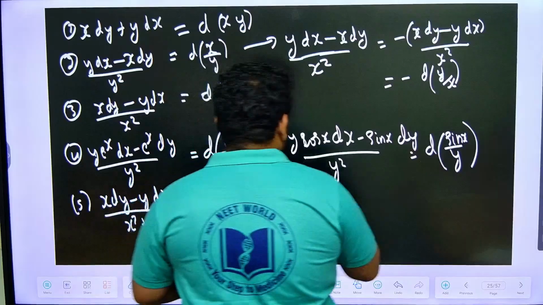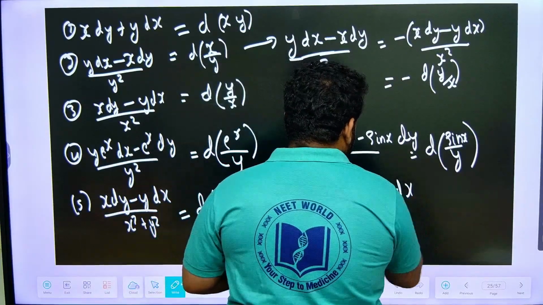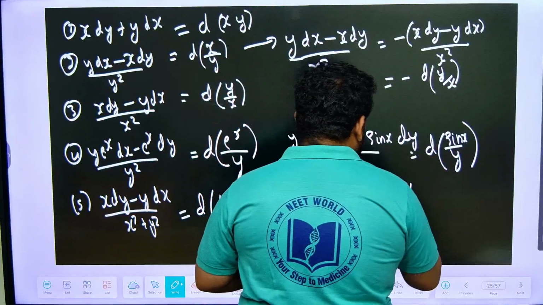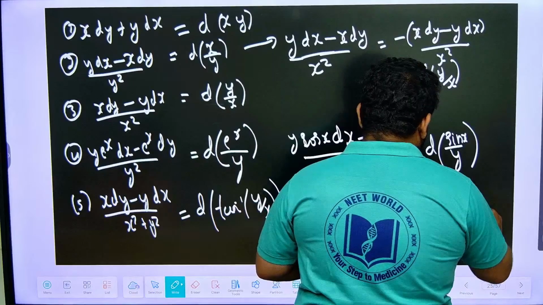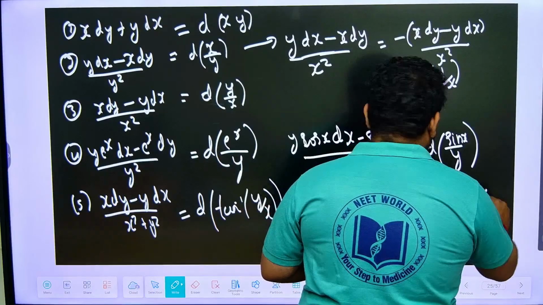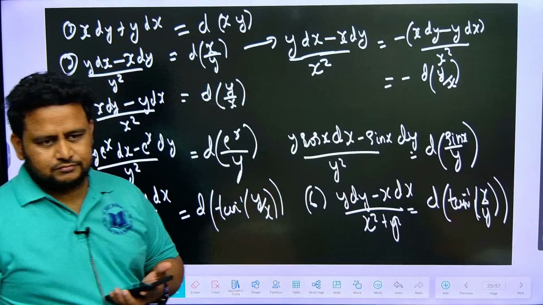You will write y dy minus x dx by x square plus y square as the derivative of tan inverse of x by y, that's it. Understood?